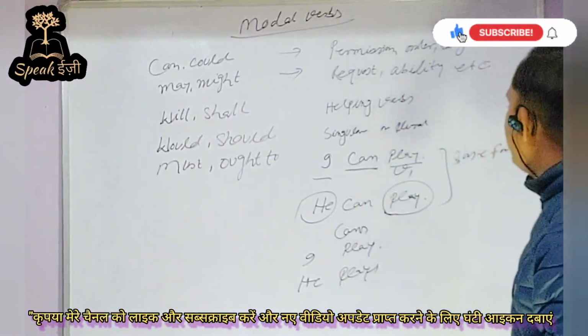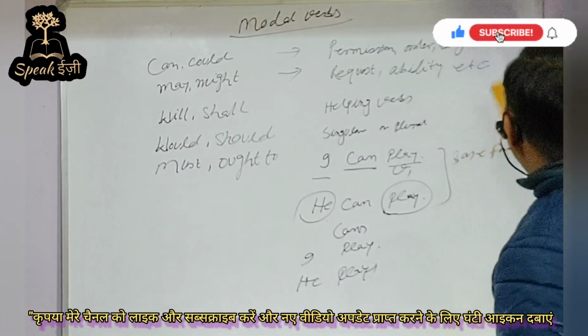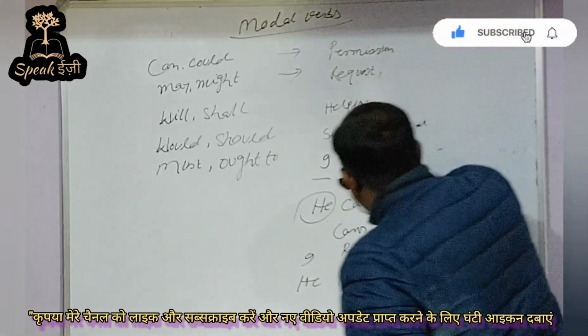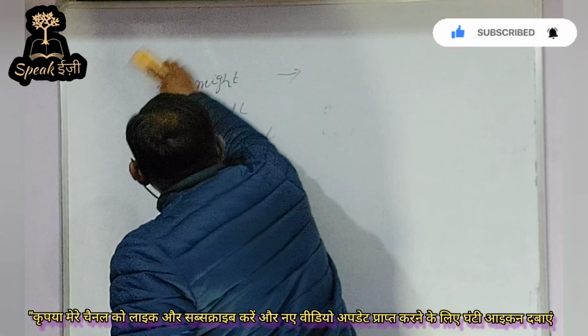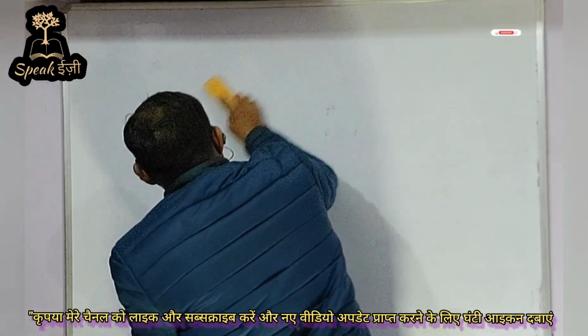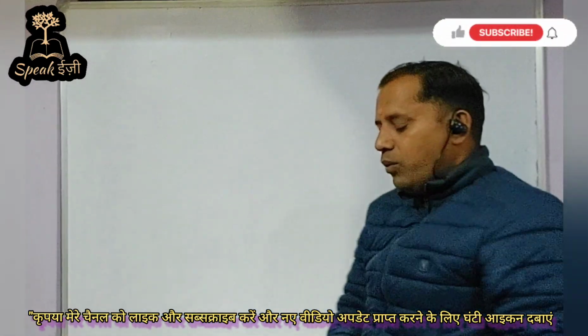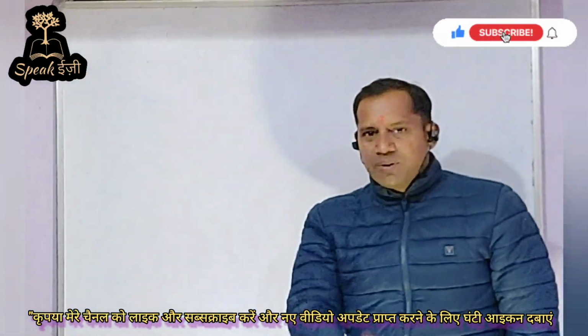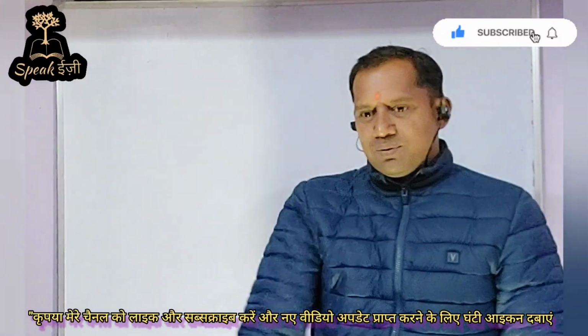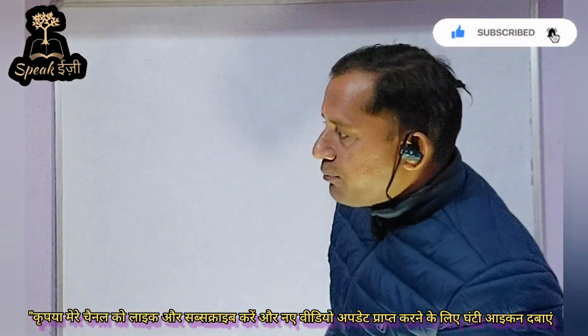So another important thing which we have to explain is what the forms are which are used after these primary auxiliary verbs and the modal verbs. So let us take the example.